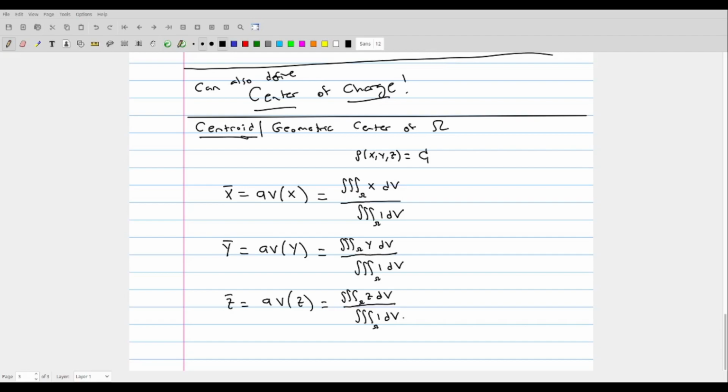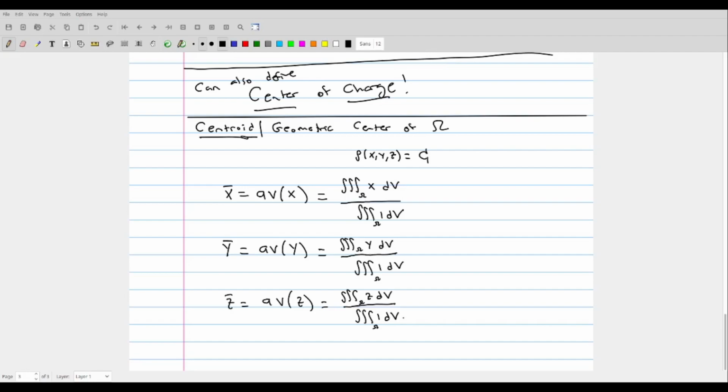Now, in general, the centroid is much easier to compute because you don't have a mass density function to deal with. You only have the integral of x, integral of y, integral of z. So the main problem here is figuring out the correct coordinate system to use for your integral, and that normally depends on the bounds of the region of integration.